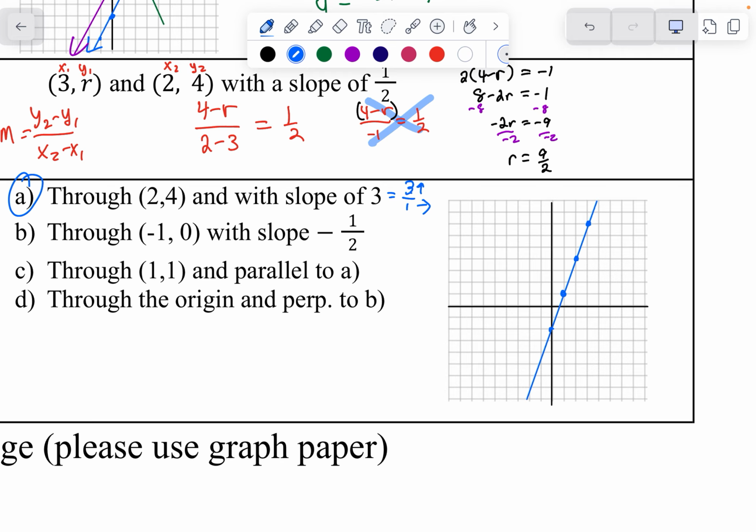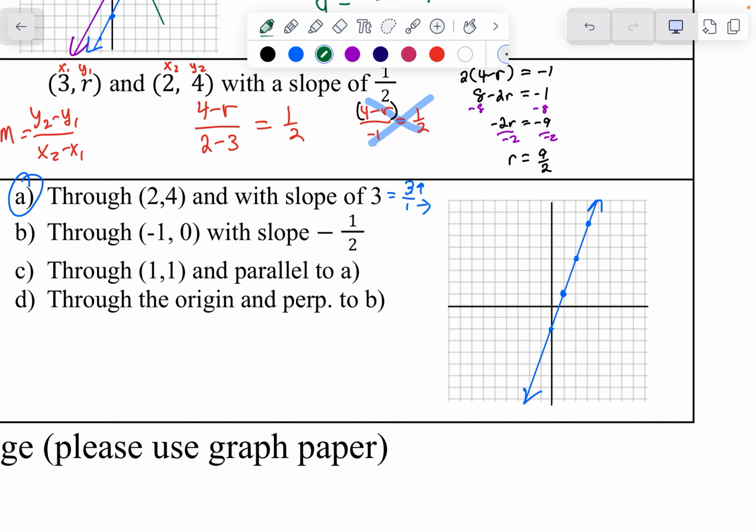Now, C and D are a little different. We are using the information from A and B to complete those. So first, let's look at C. If we're through the point 1, 1 and parallel to A, we get to use the slope of 3 again because parallel lines have the same slope.